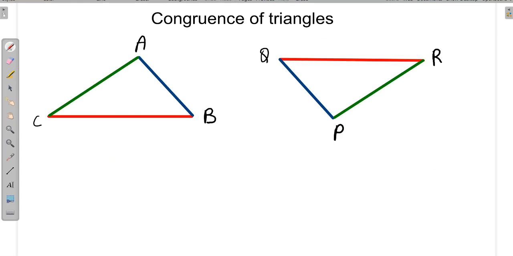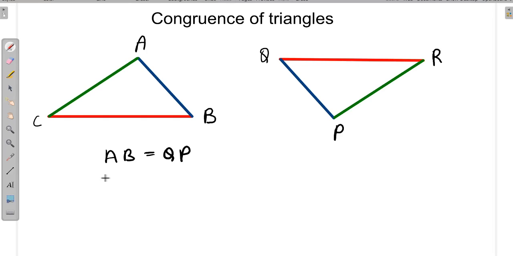Now the most important word in congruency is corresponding. The corresponding sides and corresponding angles should be equal; only then are the two figures said to be congruent. Here, this side and this side correspond to each other, and they are equal. So I write it like this: AB is equal to QP. Similarly, the corresponding side AC, in this green color, and the same green color here, have equal length.